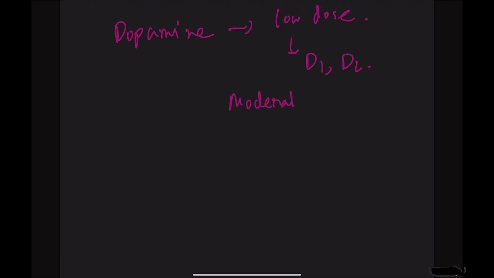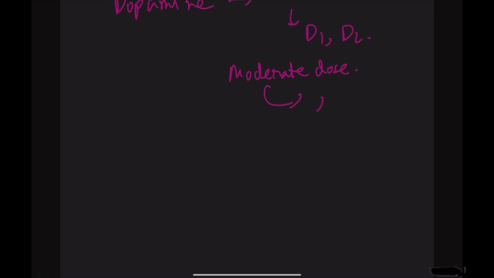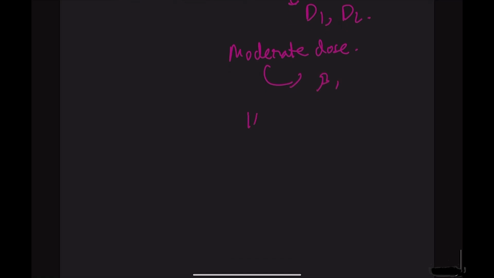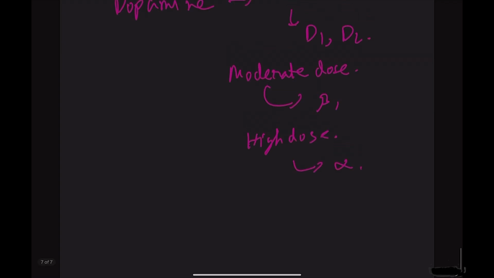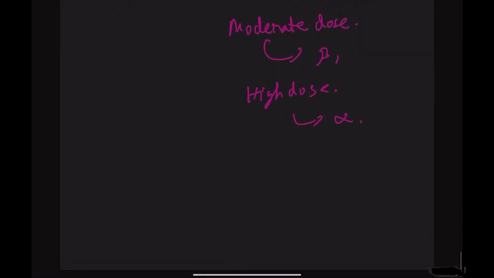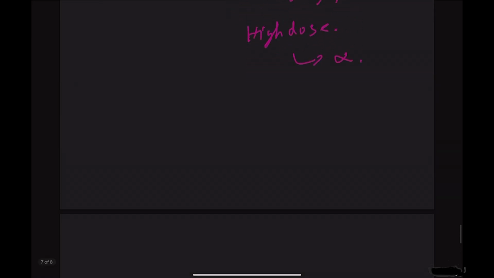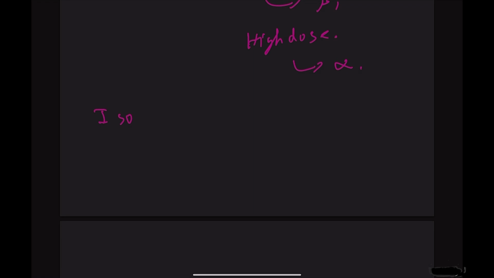In moderate dose, it is selective to beta 1, and in high dose, it is selective to alpha receptor. Okay. And if I talk about isoprenaline, it is selective to beta 1 and beta 2 receptors. Okay.